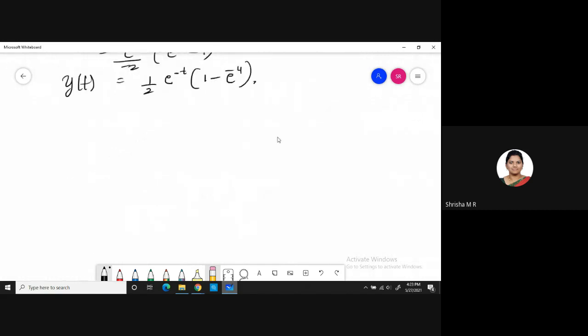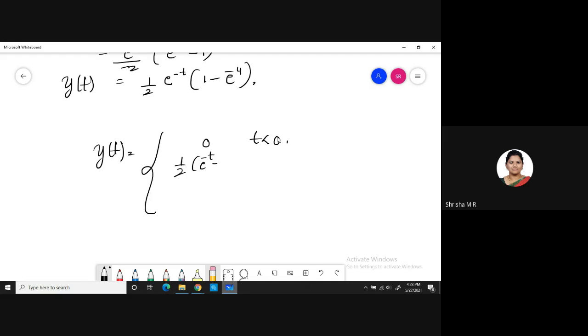So now at the last you write output: y of t is equal to 0 when t is less than 0. Then half into e power minus t minus e power minus 3t when t is between 0 to 2. Then half into e power minus t into 1 minus e power minus 4 when t is greater than 2.